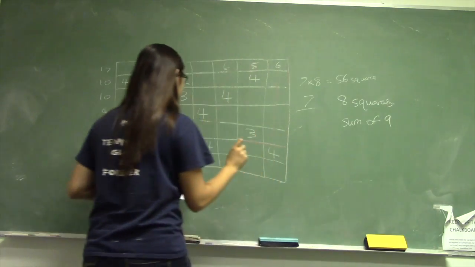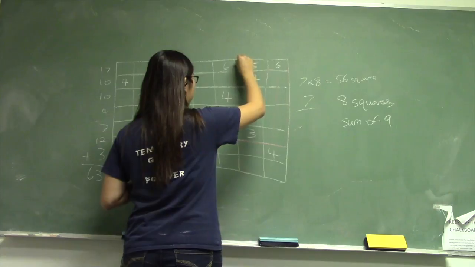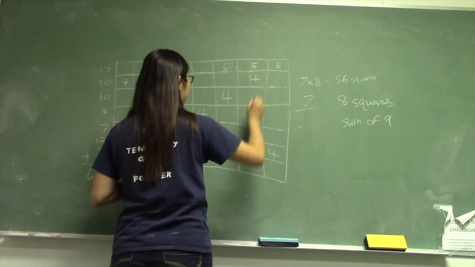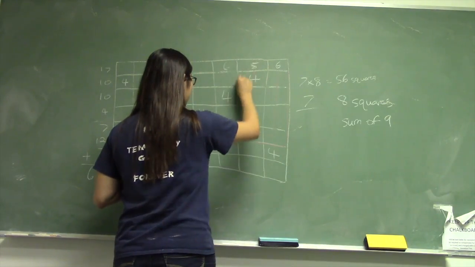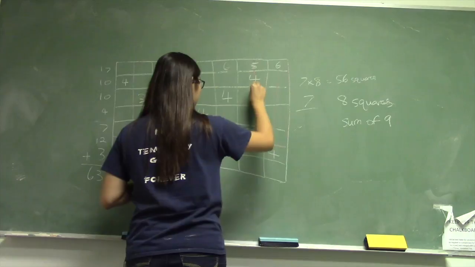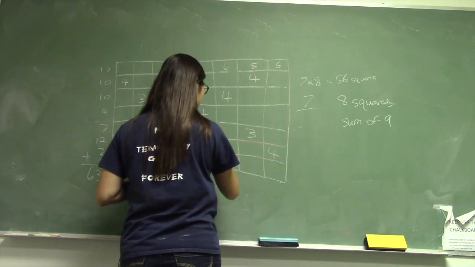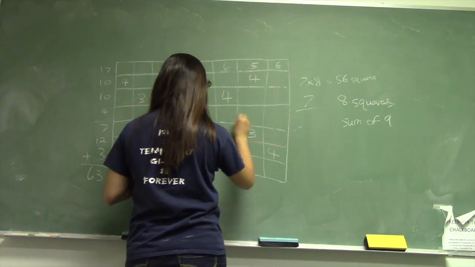So we know we want to connect these two. That leaves 5 and 4 here, which have to be connected. And we need 6 blank squares to complete this piece. So that lets us go 1, 2, 3, 4, 5, 6, 7. Yeah, that would work.